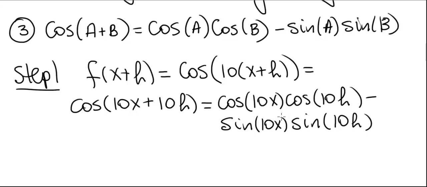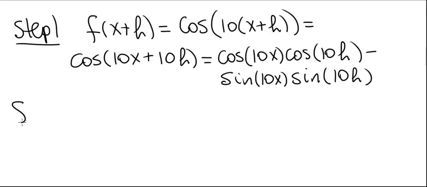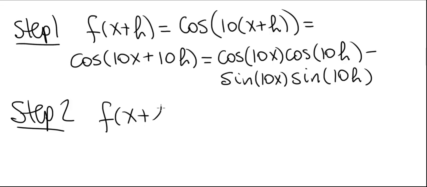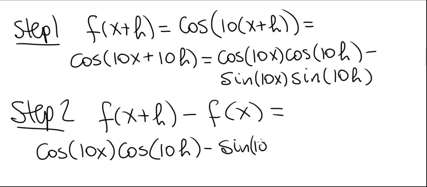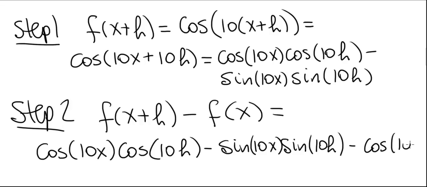There's not much we can do here. We can now go on to step number 2. In step 2, we're going to take f of x plus h, what we just did in step 1, and subtract f of x. So this is equal to cosine of 10x times cosine of 10h minus sine of 10x times sine of 10h, and then minus cosine of 10x.